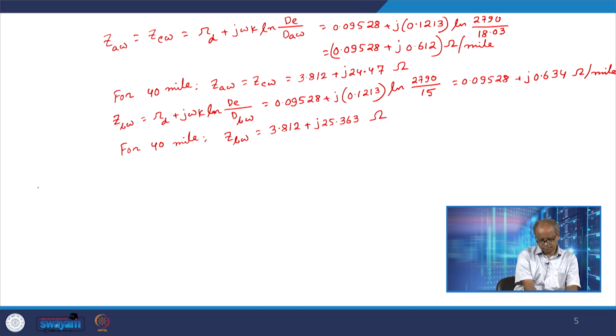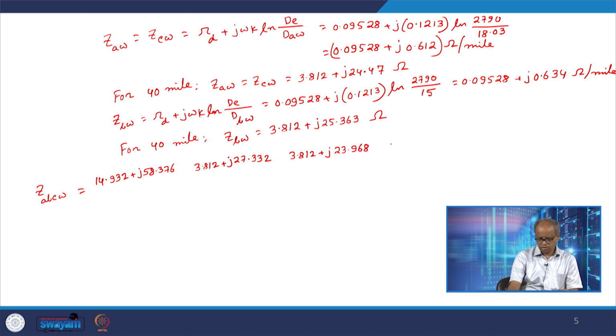So these values we have already calculated: 14.932 plus j 58.376, 3.812 plus j 27.332, 3.812 plus j 23.968, and then 3.812 plus j 24.47. So again, this is a symmetric matrix.